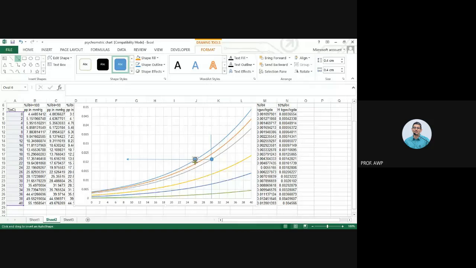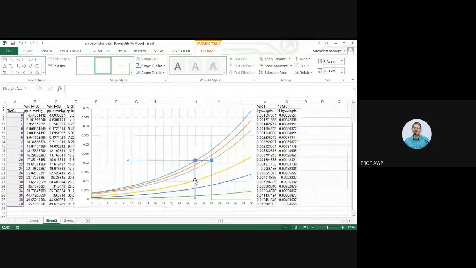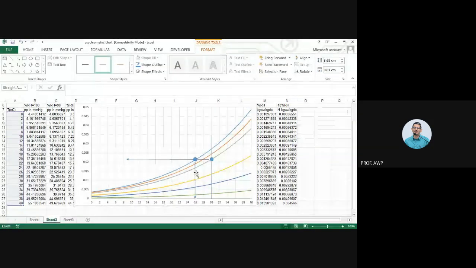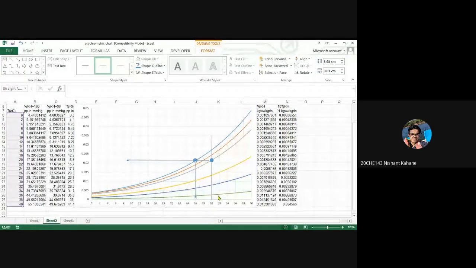So the corresponding dew point is 26 degrees centigrade. Do you agree with this? Do you realize how advantageous it is? Yes, sir.